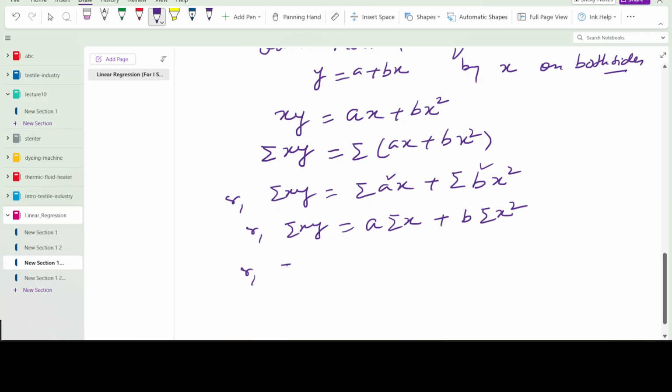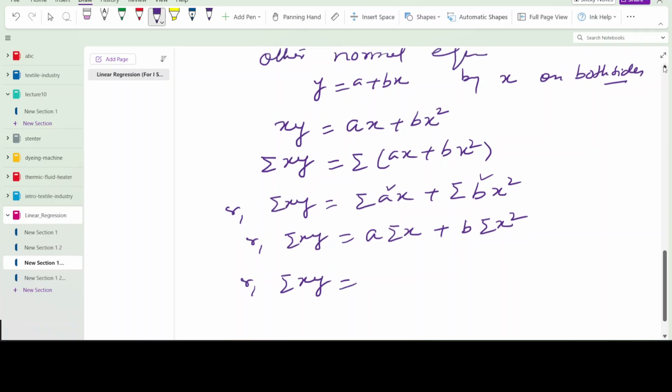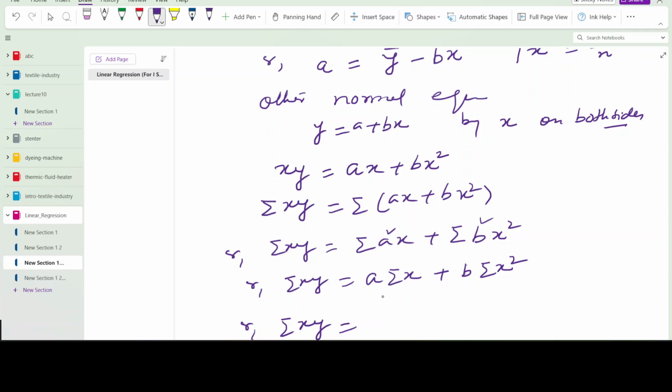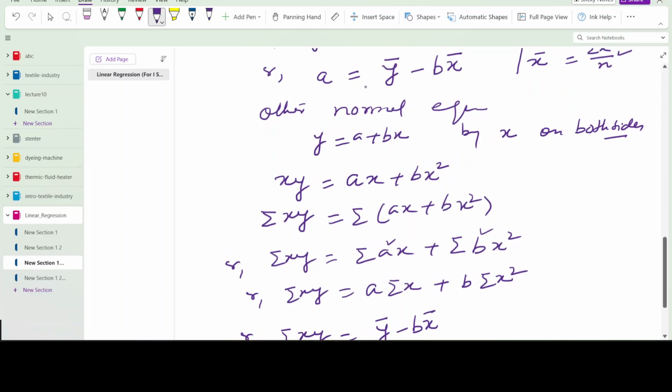Now we will put the value of a in this expression. We have found a is equal to y bar minus b x bar. We are putting this value here.